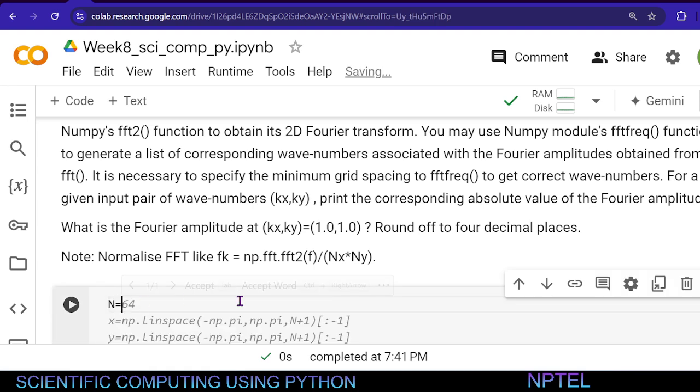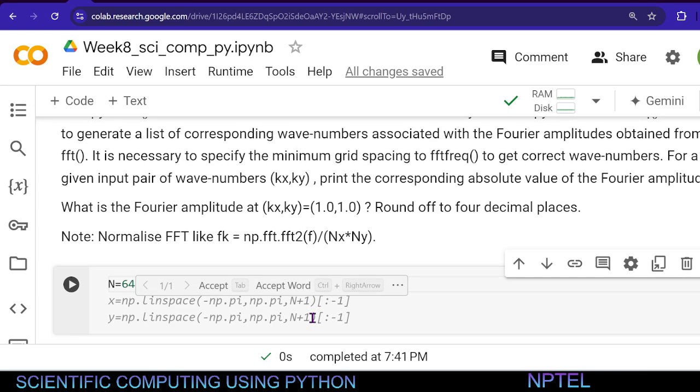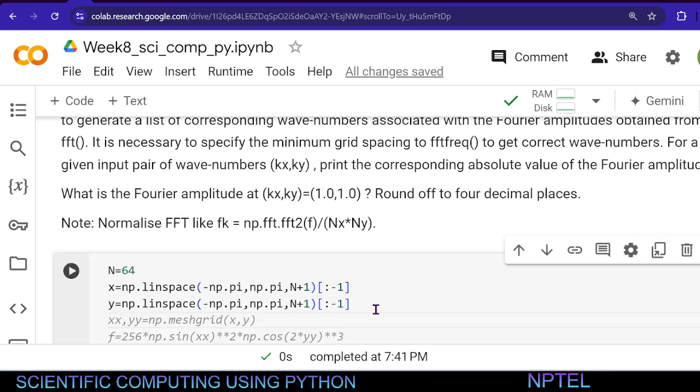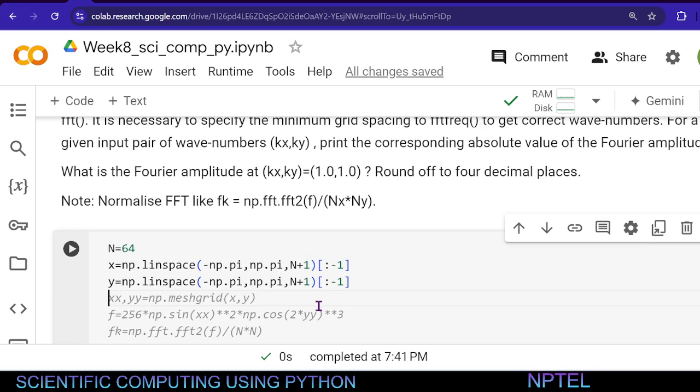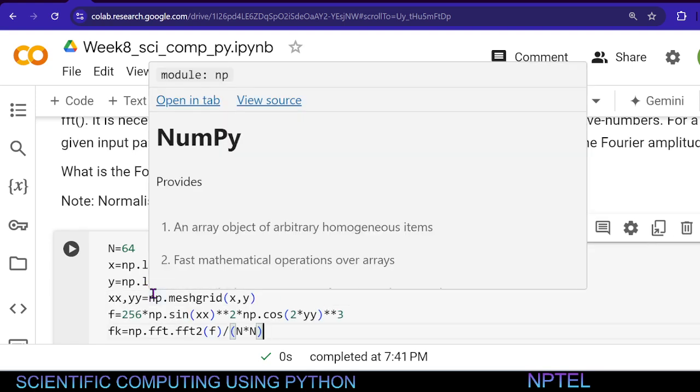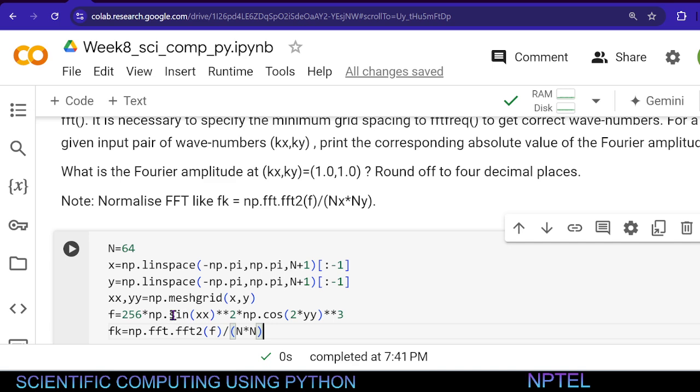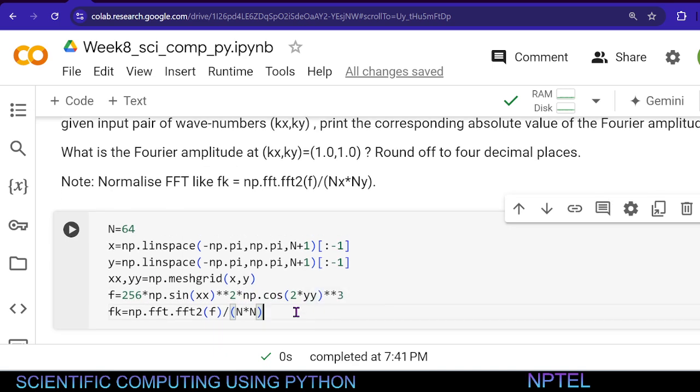Let's write the parameters first. n is 64, and x is linspace from minus pi to pi with n plus 1 points, same thing. And then since we have two variables, we need to define the mesh grid, which it does. X, Y, and f is going to be sine squared x and cos cubed y, cos cubed 2y.